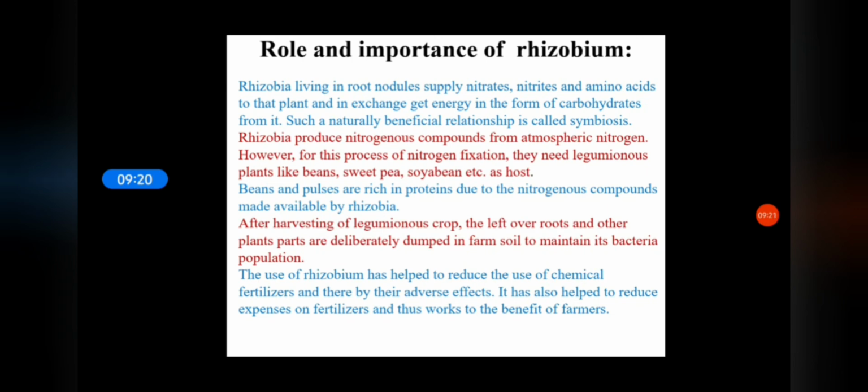After harvesting of a leguminous crop, the leftover roots and other plant parts are deliberately dumped in the farm soil to maintain its bacteria population. The use of Rhizobium has helped to reduce the use of chemical fertilizers and thereby the adverse effects. It has also helped to reduce expenses on fertilizers and thus works to the benefit of farmers.